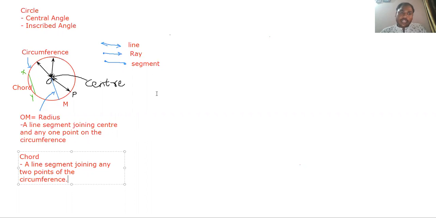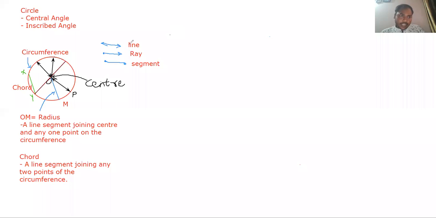And the last thing that we will discuss about the basic things of the circle is the diameter. So what is the diameter? We will understand that. Now I'm going to construct one more line segment that you all can see. You will get the idea when I construct it.